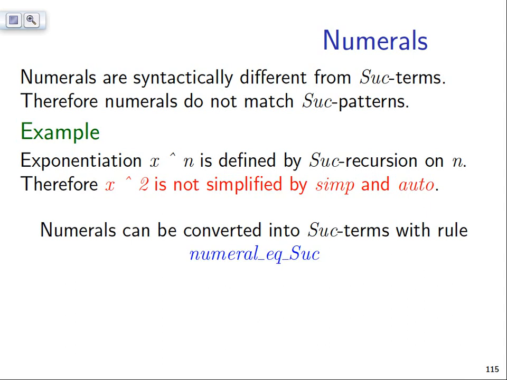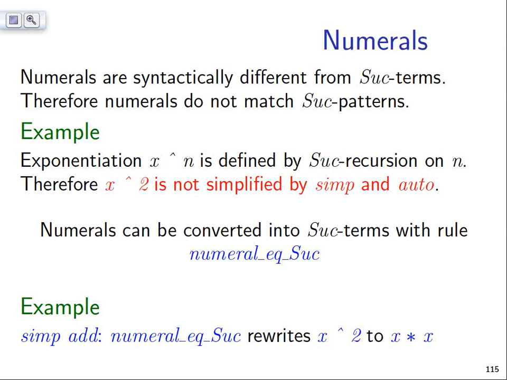You can convert numerals into successor terms by adding the simplification rule numeral eq sub. That's something you may have to do in some situations. This is a very special case, but you may run into it, and therefore I've listed it here. And so what happens if you write sim add numeral and you start with that term, it'll really get rewritten to x times x.